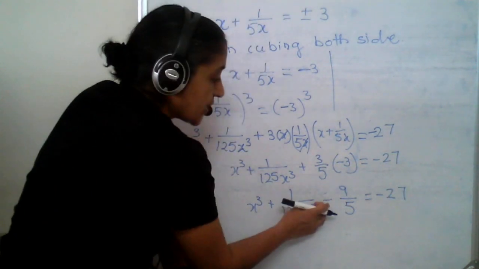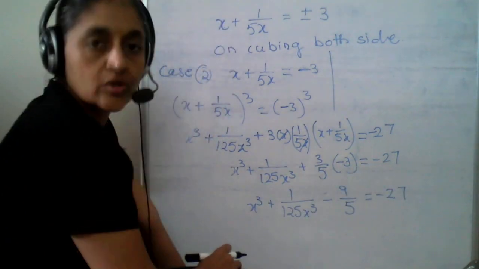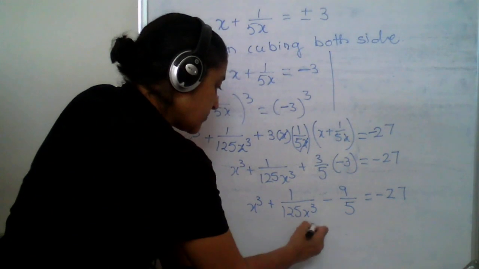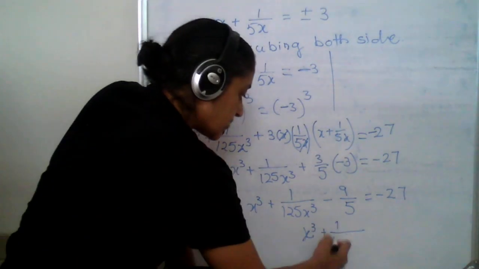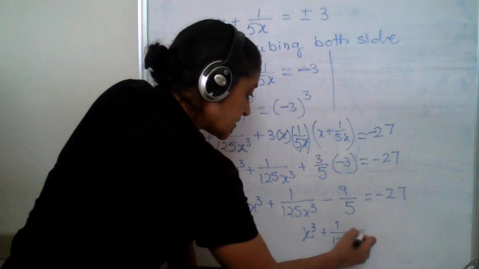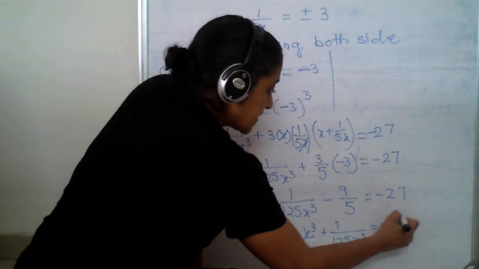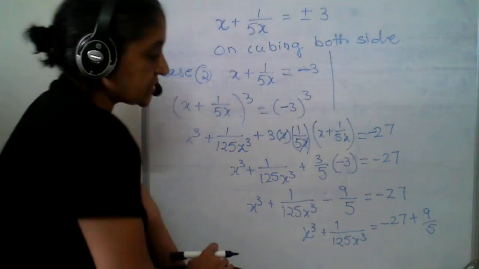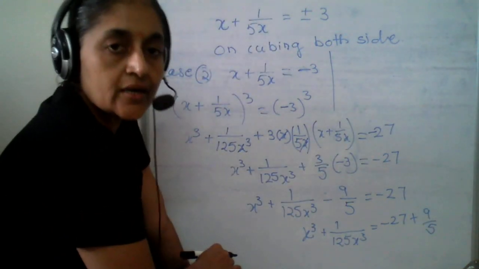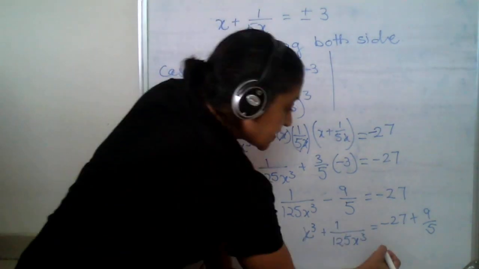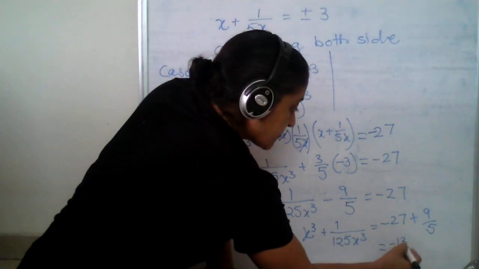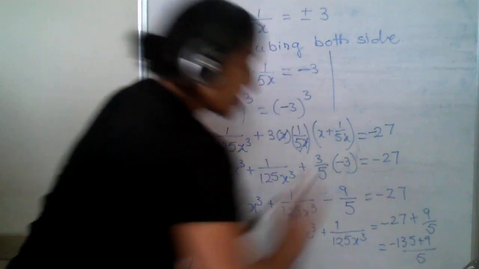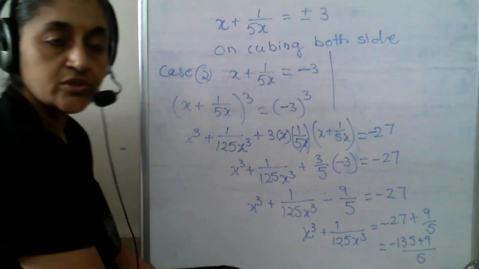Now if negative 9 by 5 goes to that side, what will happen? Positive 9 by 5. Okay, let's see here. x³ + 1/(125x³) is equal to minus 27 plus 9 by 5. I showed you the multiplication that time also. It is 135, 27 into 5. But this time it is negative 135 plus 9 upon 5. So negative 135 and positive 9 means what?